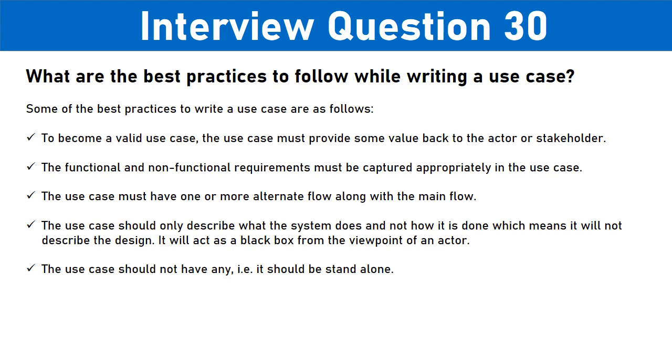The use case must have one or more alternate flows along with the main flow. The use case should only describe what the system does and not how it is done, which means it will not describe the design. It will act as a black box from the viewpoint of an actor. The use case should not depend on other use cases, i.e., it should be stand-alone.